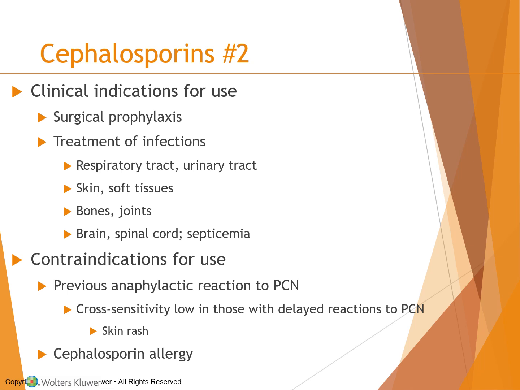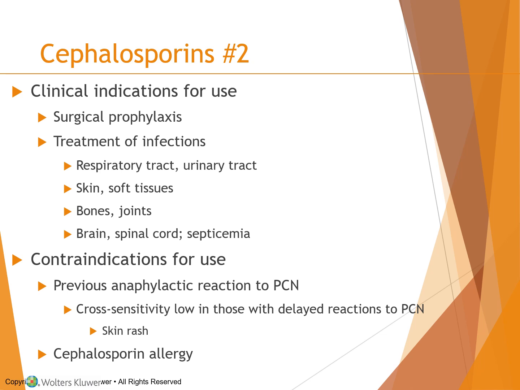So that's a prophylaxis. They're also used for the treatment of infections when the infection is already going on, right? Either respiratory tract, urinary tract infections, skin, soft tissues, bones, joints, brain, spinal cord, and septicemia.